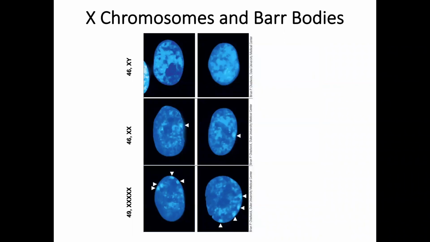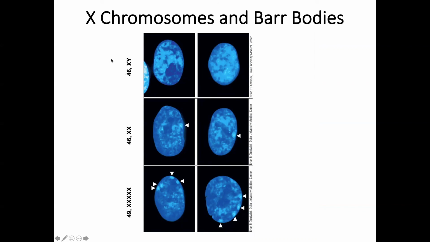This is a picture of bar bodies, also the inactivated X chromosome. Shown here is a DAPI staining, which stains the DNA inside the nucleus. The top one, A, is an XY male.